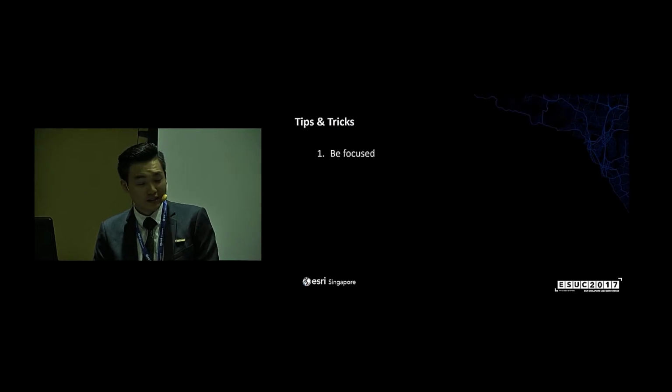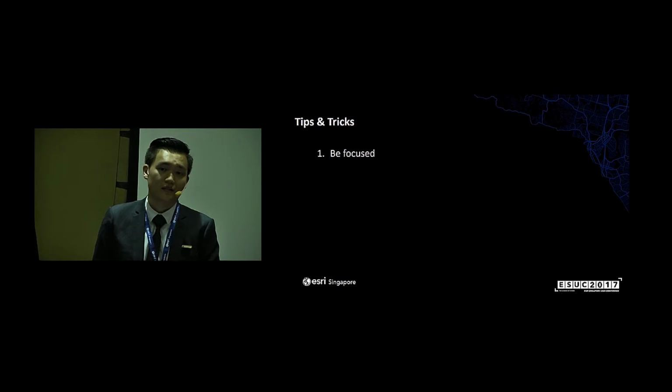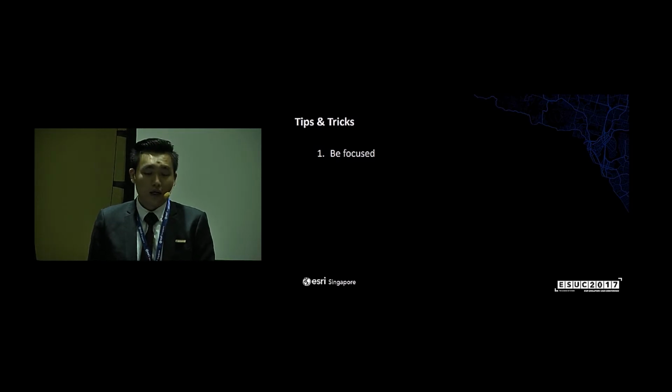So the first thing is to try to be focused. The best maps do one thing really well. Try to find out what is the point of creating the map or the application. Are you trying to answer a question? Or are you trying to convince your stakeholder to make a decision? Or are you trying to tell a story? Do not forget your message or purpose.